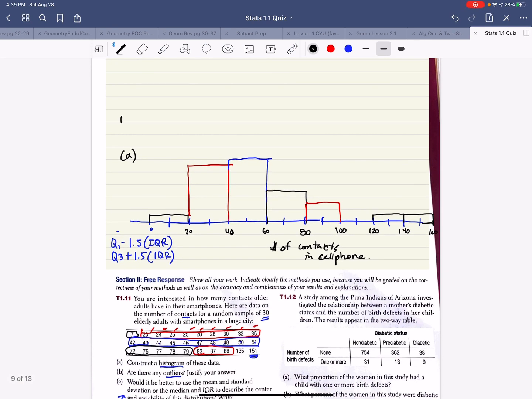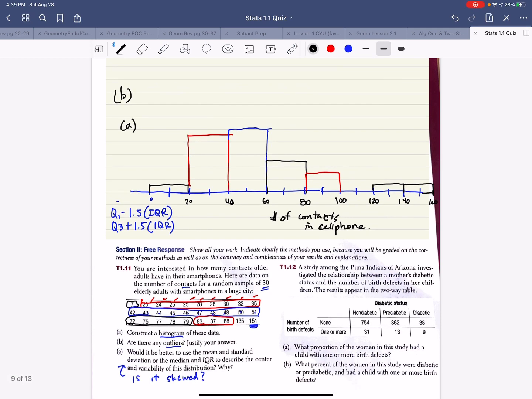B, I'm kind of going backwards just because I wanted to be able to see my problem here. Are there any outliers? Sure, let's figure it out. We have to find the middle, and it says it's 30 people, so half of 30 is 15.